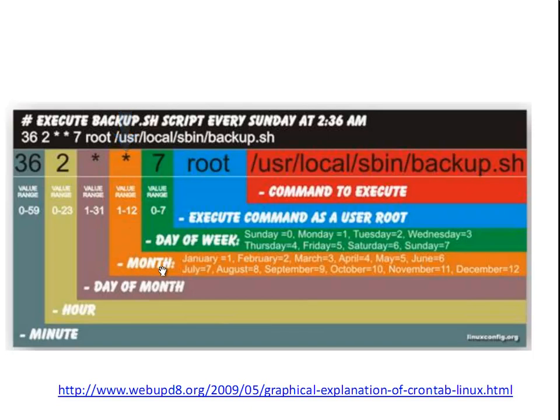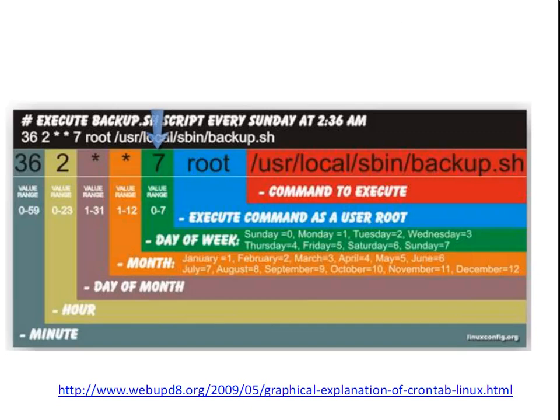And the valid values in this range are from 1 to 12, with January equal to 1, February equal to 2, and so on, up to December equals 12. Note that instead of using numbers here, you can also use the actual names: January, February, March, April, May, and so on. However, I don't think I've ever seen the actual names of the months being used; you're more likely to find that somebody will use the numeric values.